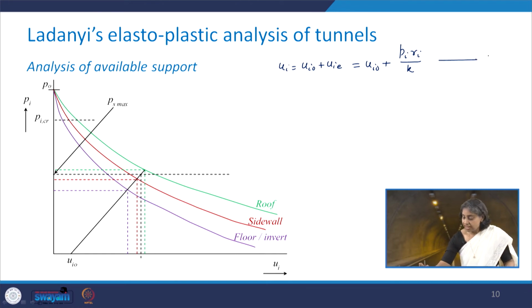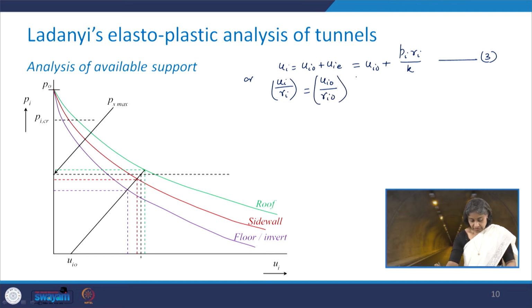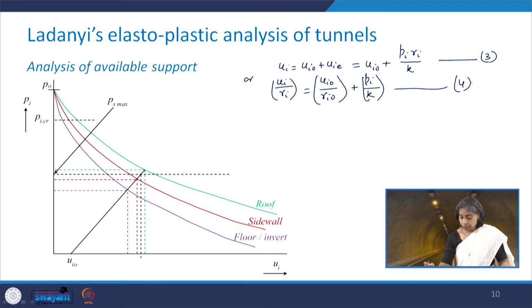This is what we are going to get as equation number 3, or we can also write it as Ui upon Ri is equal to Uio upon Ri plus Pi upon K. This is equation number 4.